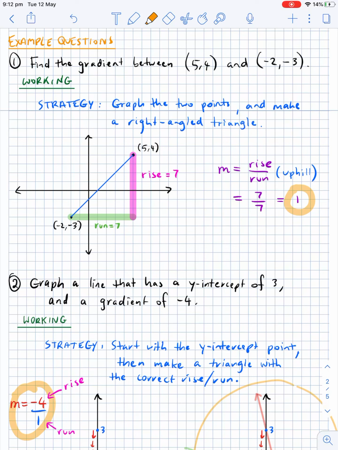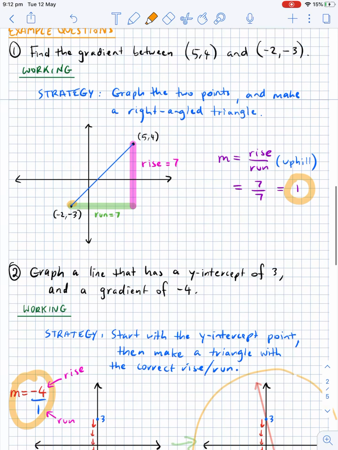Once we do that, you can see the rise is 7 and the run is 7 just by counting the squares, or you could just find the distance between the x coordinates and the y coordinates. Because our rise and run are both 7, we get 7 divided by 7, and that gives us 1. Because it's an uphill line, we know it has to be positive 1, not negative 1.